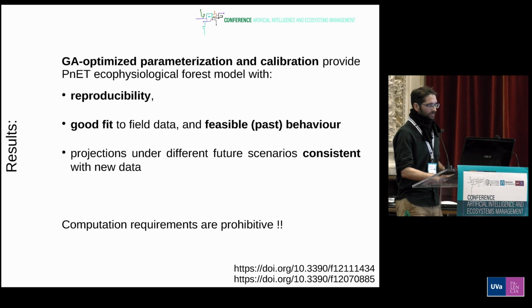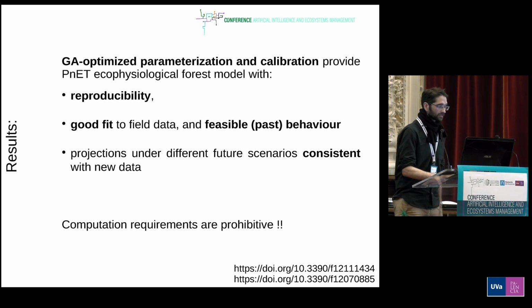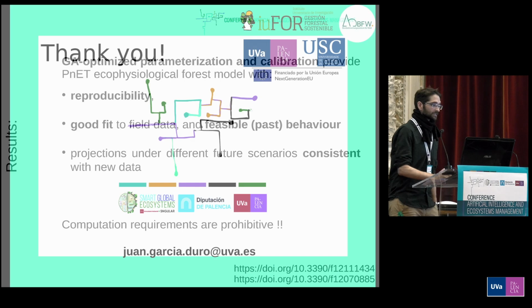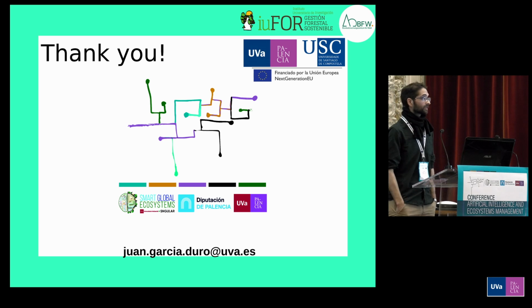So among the good points of this kind of model is that with this kind of tool you get reproducibility, and you probably will have a good fit, and you will have consistent scenarios. So I think this is one of the solutions for many of your problems. Okay, as I said, probably the computation is really demanding.